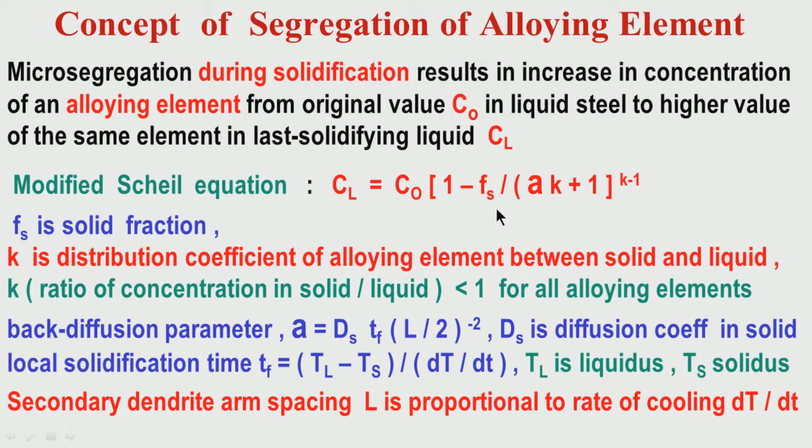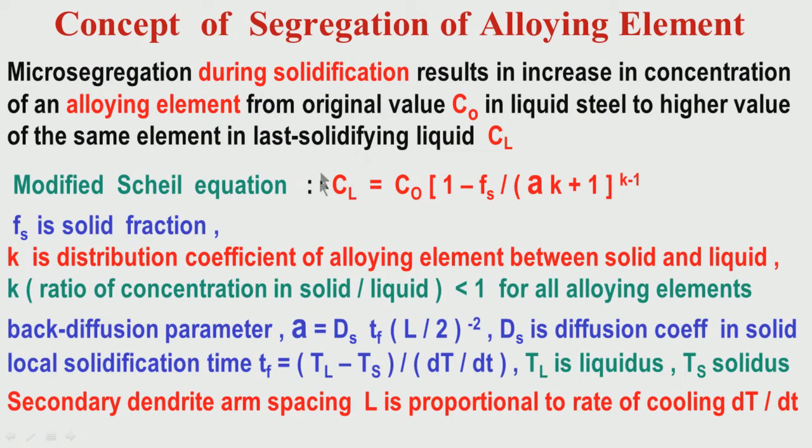So, please try to remember what is happening. Small k means high Cl. Small Ds means small A: the smaller the Ds value, the lower the A value. So, a smaller A value, because of the smaller Ds value, again will increase Cl.